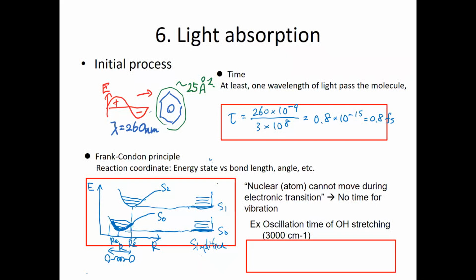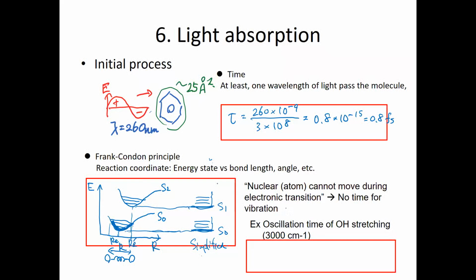And what is important in the Franck-Condon principle is that the nuclear position cannot move during the electronic transition, meaning the light absorption. The position change of the nuclei, meaning atoms, is induced by vibration or rotation motion.